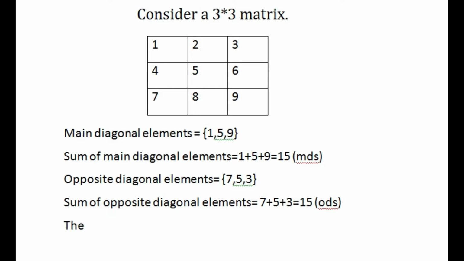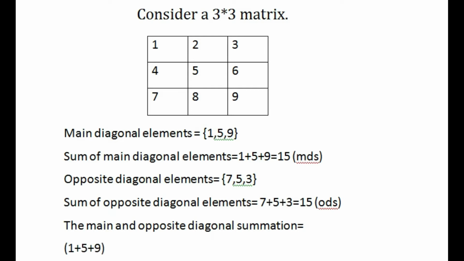The main and opposite diagonal summation of a 3 cross 3 matrix is equal to the sum of main diagonal elements, that is 1 plus 5 plus 9, plus the sum of opposite diagonal elements, that is 7 plus 5 plus 3, minus the intersection element, that is 5, which is equal to 15 plus 15 minus 5.